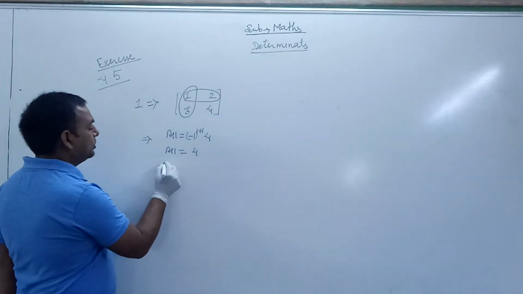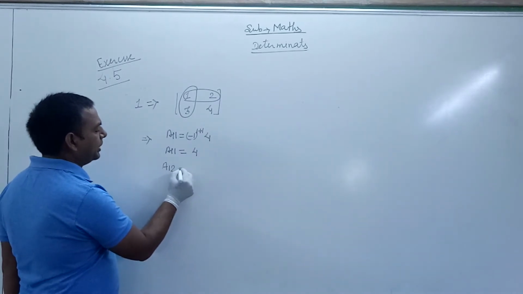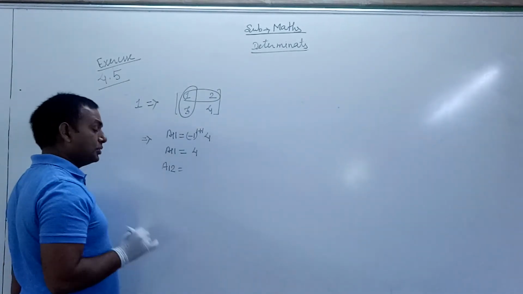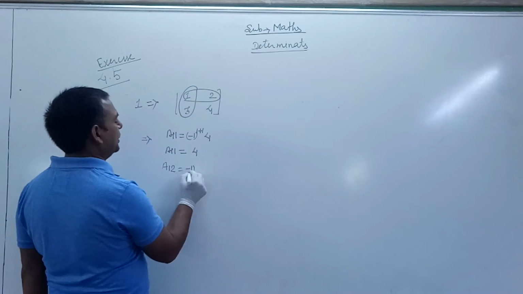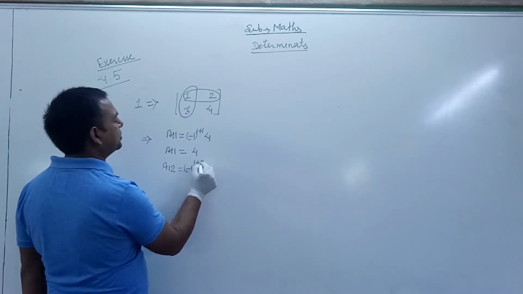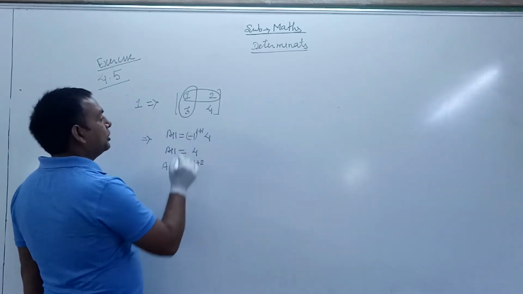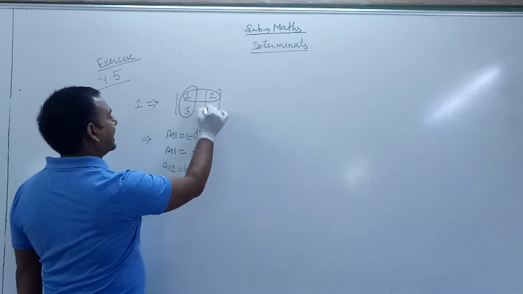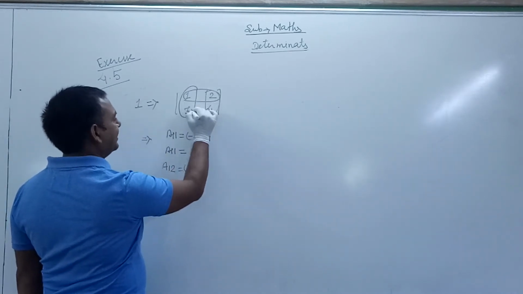Second, you take another element, A12. This is equal to minus 1 to the power 1 plus 2. You remove the first row and second column, so the element is 3.